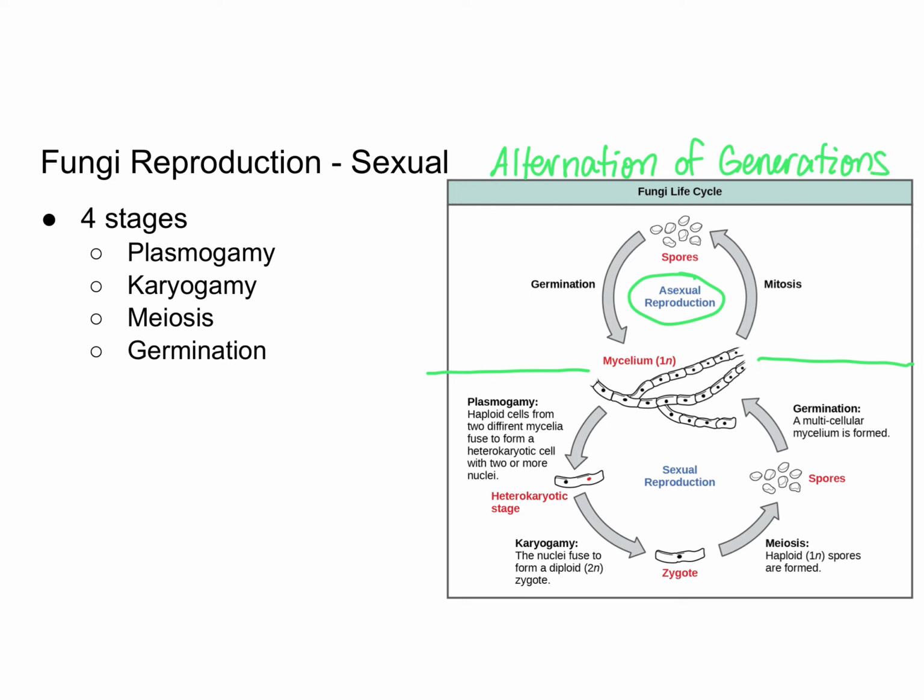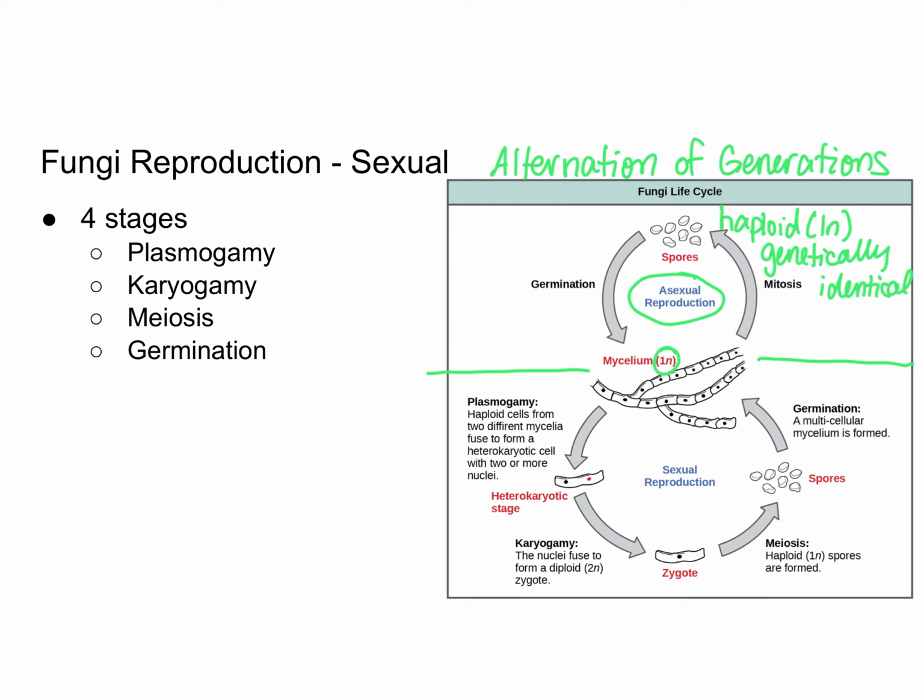So to do a quick recap, remember the mycelium, which is haploid, is going to go through mitosis in order to form haploid spores. And these haploid spores are genetically identical to each other and to the original cells that went through mitosis in the mycelium.